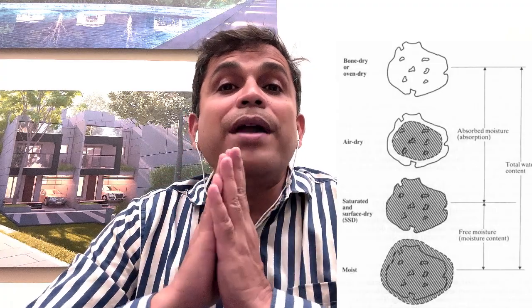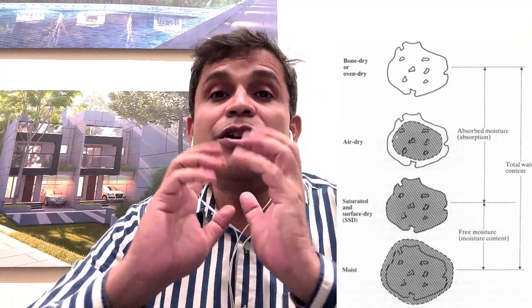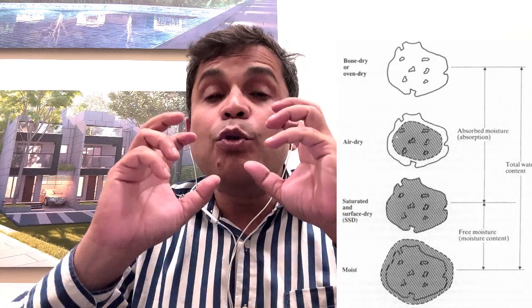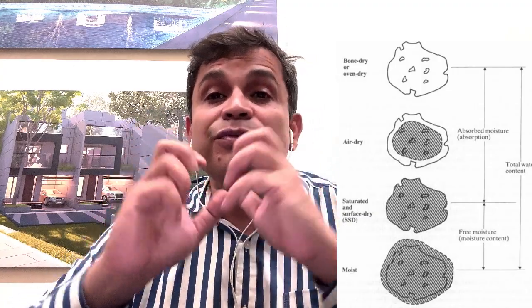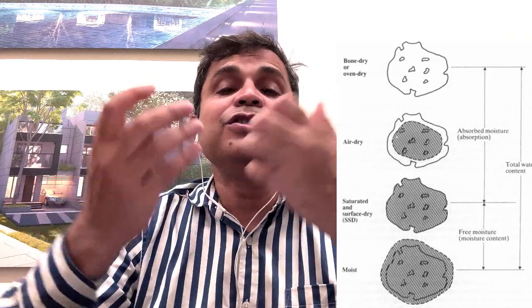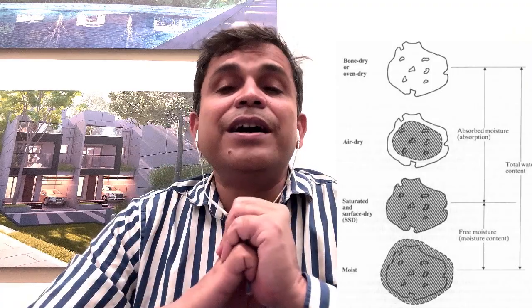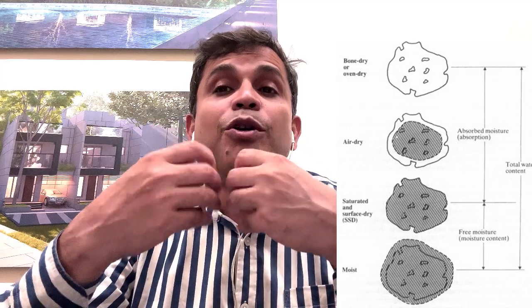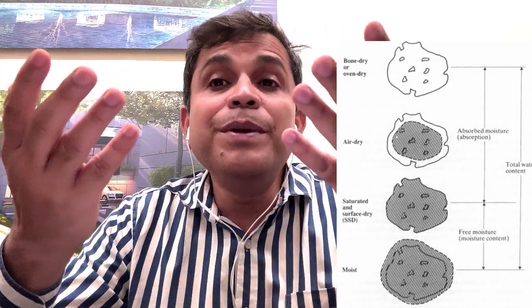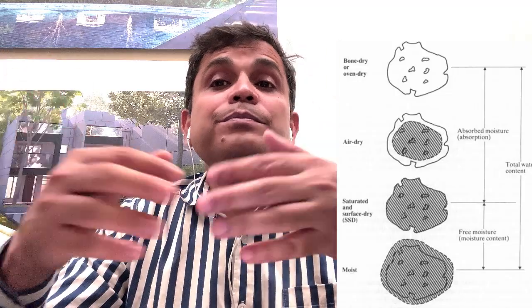One is the moist condition. In the moist condition, what is happening? The pores inside the aggregate are filled and the surface is also filled with water. In this condition, whatever moisture is there will be released to the mix whenever we are adding water to the mix.